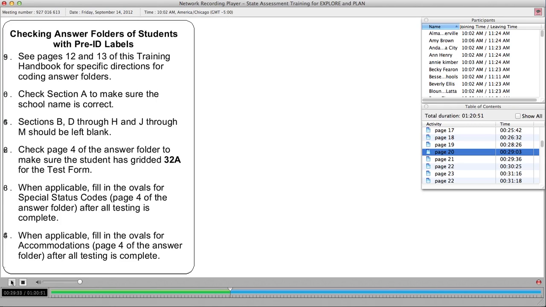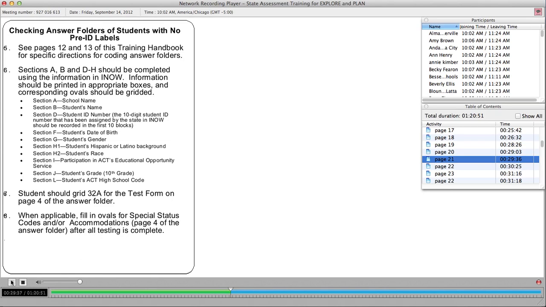When you're checking students with no pre-ID labels, you'll again see pages 12 and 13 of the training handbook for specific directions, and number 66 in this section gives you specific details of what should be completed from iNow, and the information should match what is in iNow.